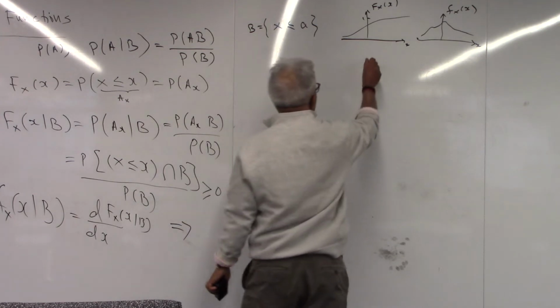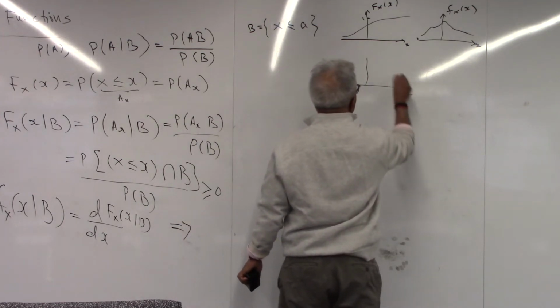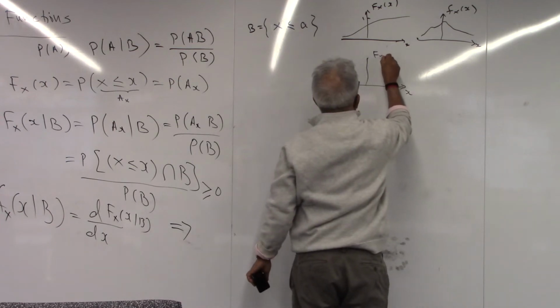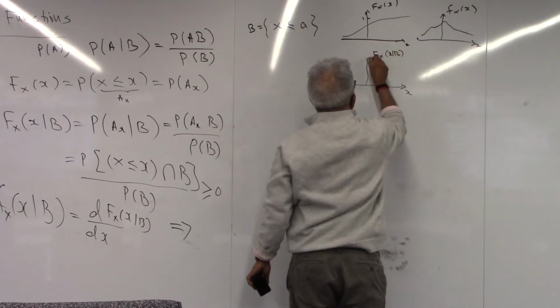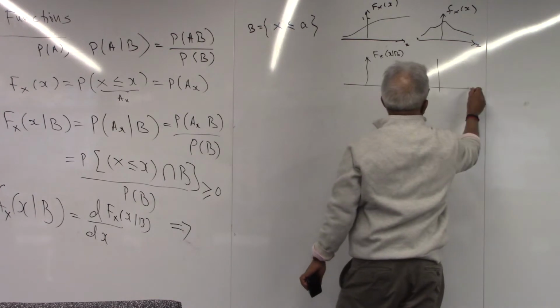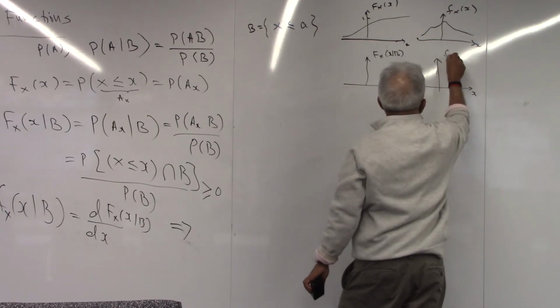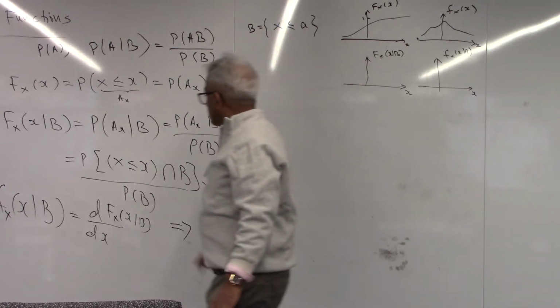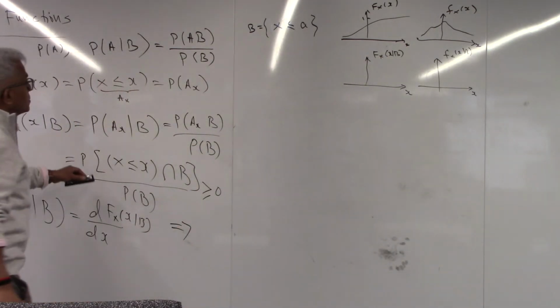So the question is, what is the conditional distribution function of X given B, and also what's the conditional density function of X. So we can use this formula right here.